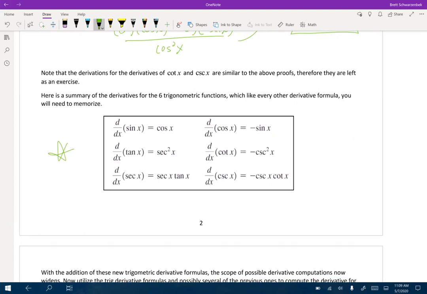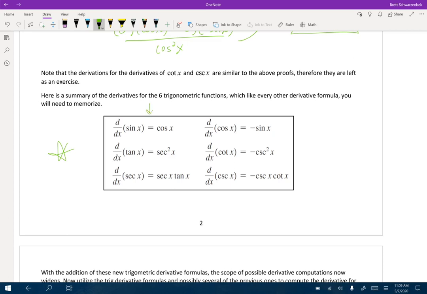And again, this is your next big box of derivatives to memorize. Again, if you keep on having to go back to your notes to look at these, you're at a disadvantage. If you're moving on to calculus 2 and 3, you're at a really big disadvantage if you don't memorize these immediately. So, if you look at these derivatives, some students get a little overwhelmed because they're like, oh, I have to memorize this. But there is a little bit of a shortcut. So, I claim that you only really have to know these guys on the left side.